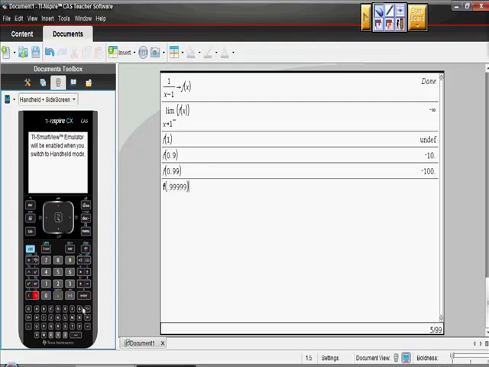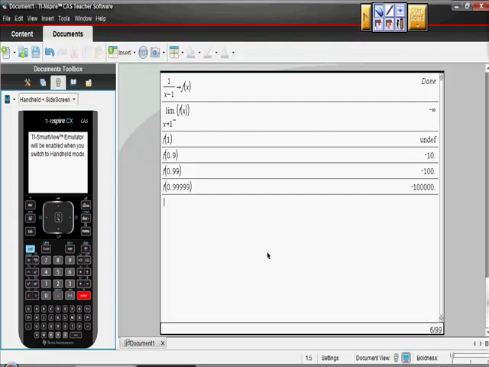So now we're exceptionally close to 1, but not at 1. And look at this. Now we have negative 100,000. So if you could picture that, this is our numeric proof that the limit of f of x as x approaches 1 from values less than 1 is negative infinity.